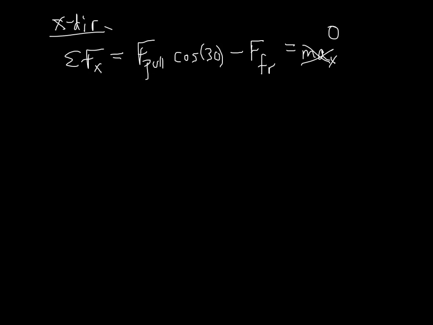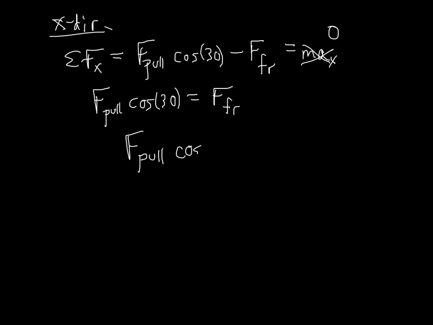Okay, so now I know that F pull times the cosine of 30 is equal to the force of friction. There's an equation for the force of friction. What's that equation? Mu times the normal force. So F pull times cosine of 30 is equal to mu times the normal force.